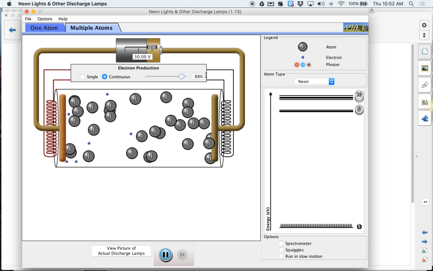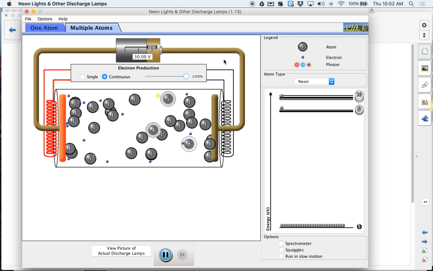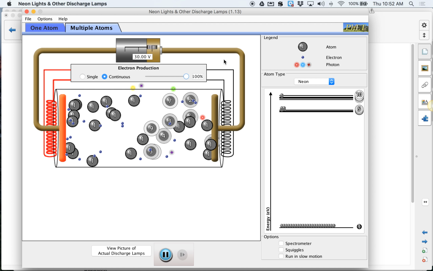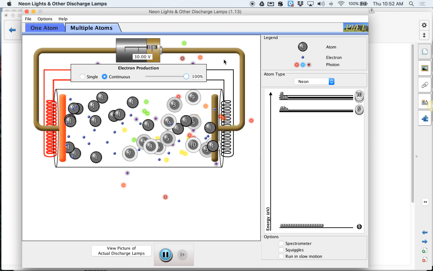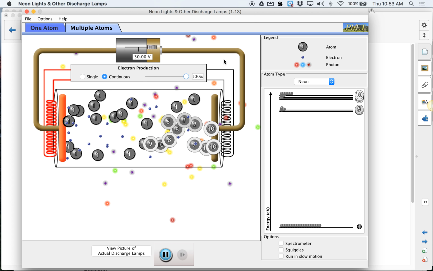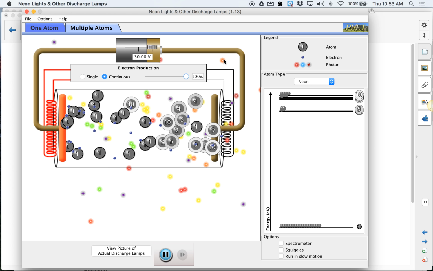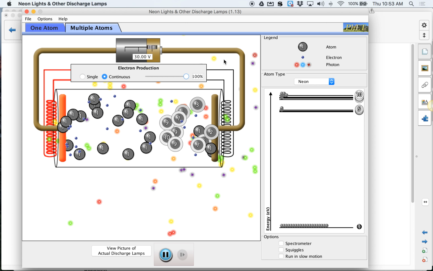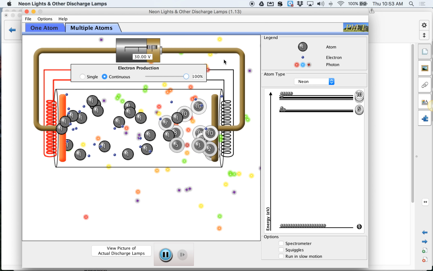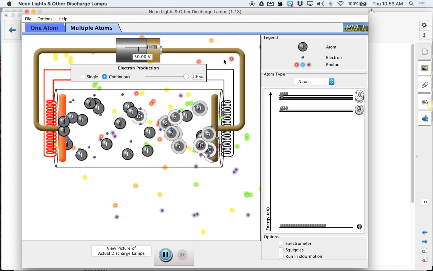So let's set the continuous and jump it up. And now we can see we do have enough energy to hit up because some of these are getting kicked to a higher energy level. Well, listen, they're getting kicked to a higher energy level, and before they fall back down, another photon hits them and kicks them to an even higher energy level.